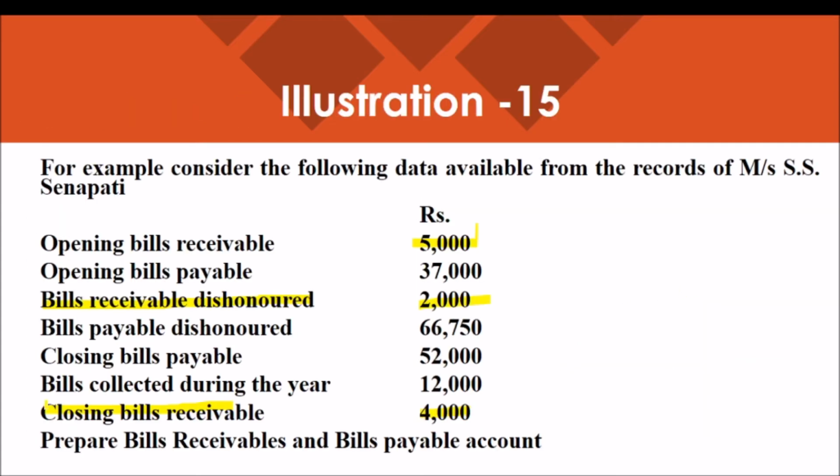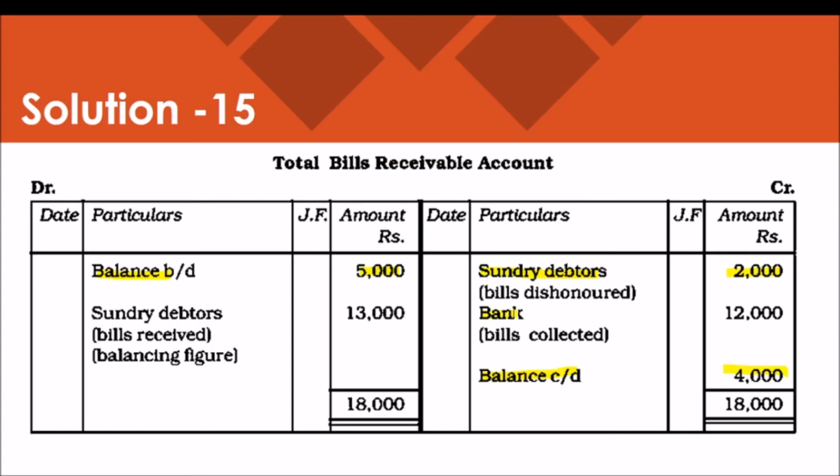And the collected amount, bill collected during the year, that is the amount received 12,000, it is also credited, bank, bill collected 12,000. So these are the items we can take.